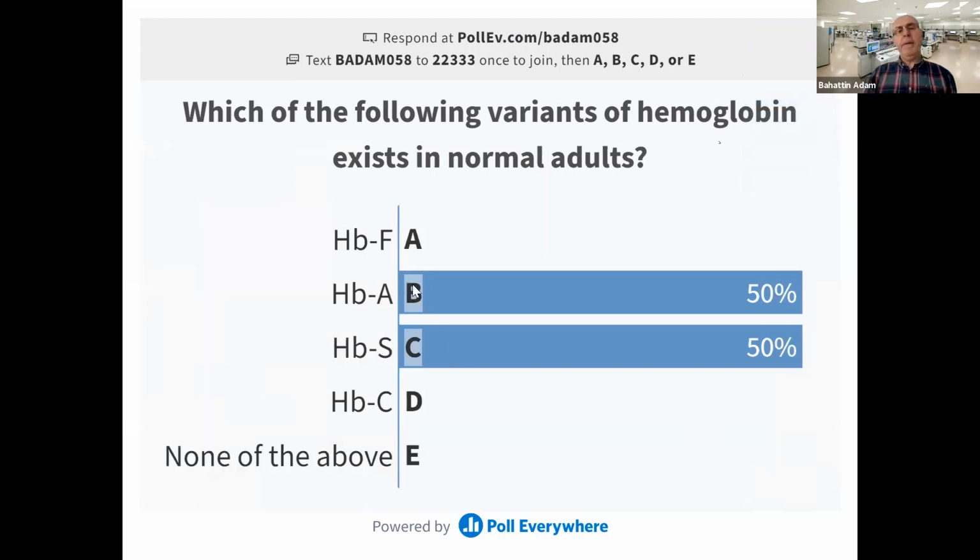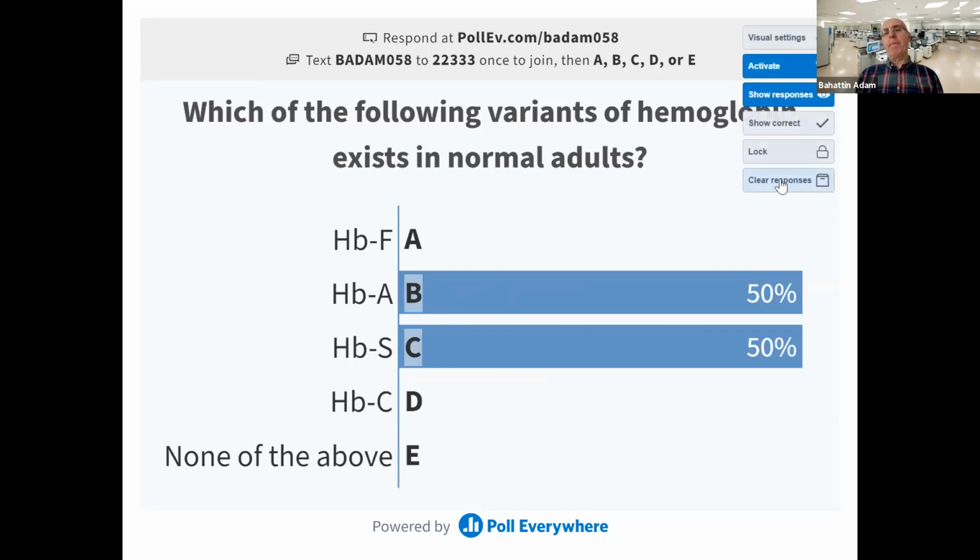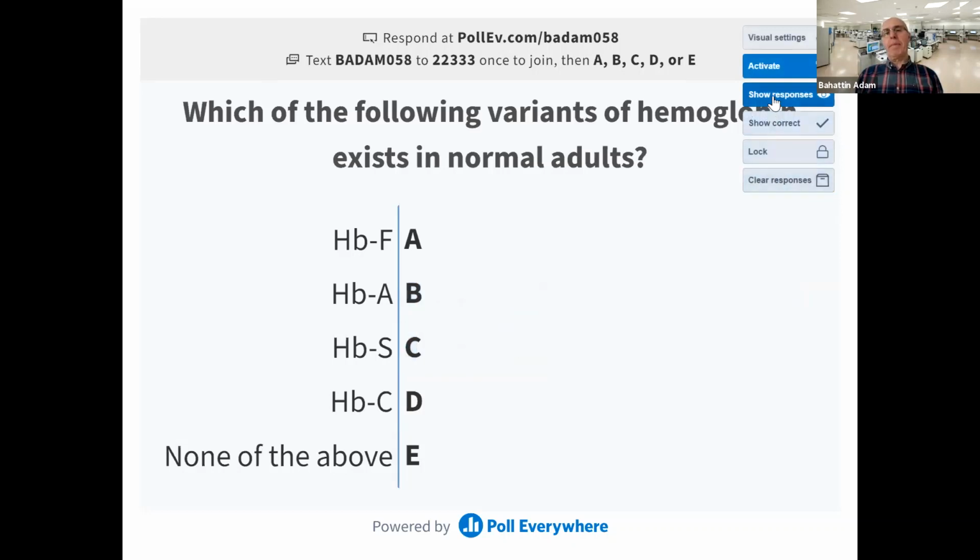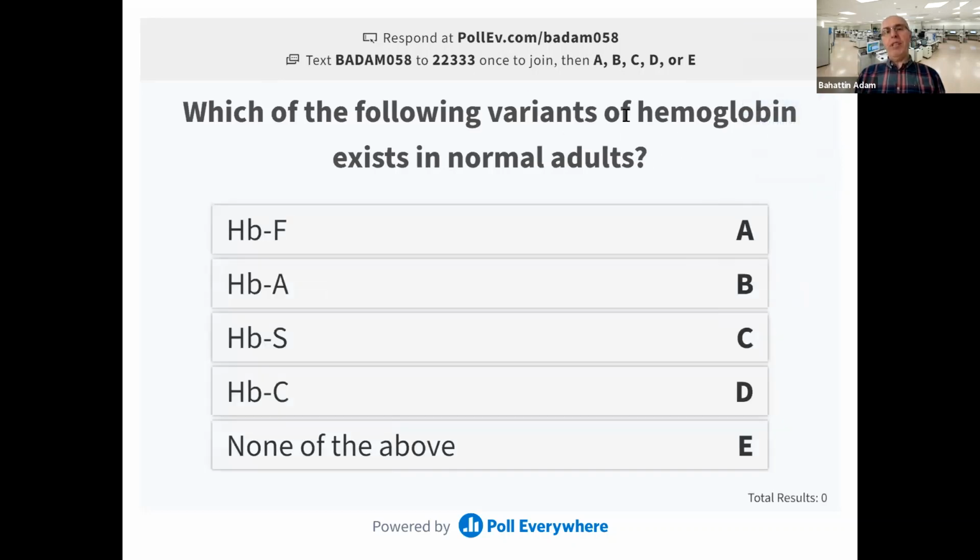A is in normal adults, S in abnormal adults, right? The correct answer is B. You have to read the question carefully.